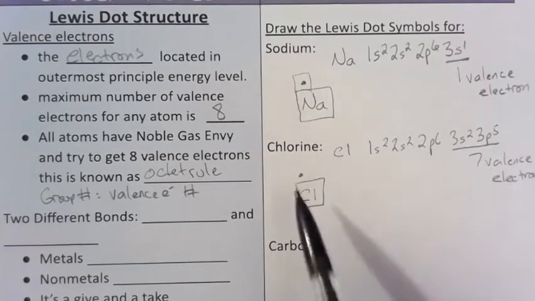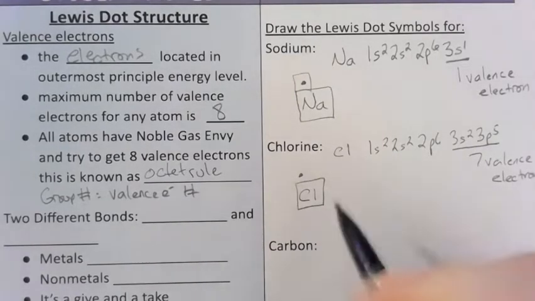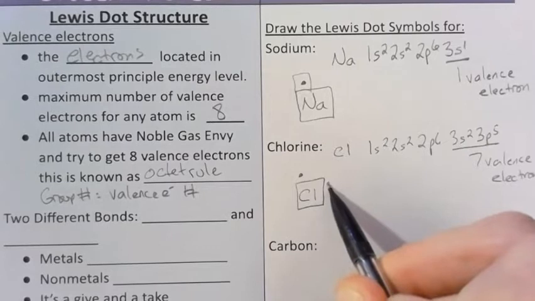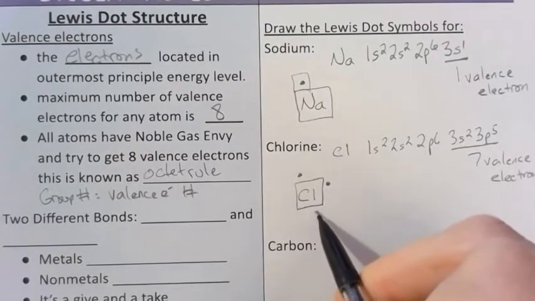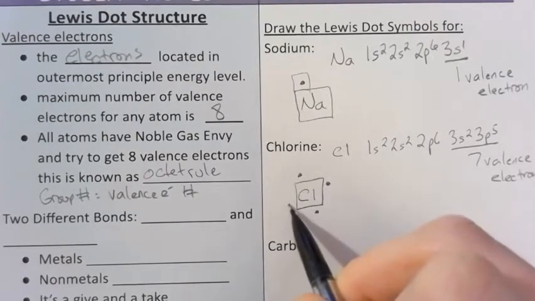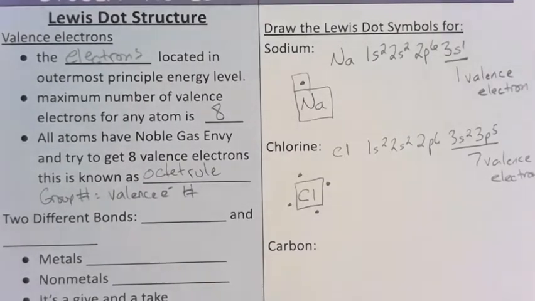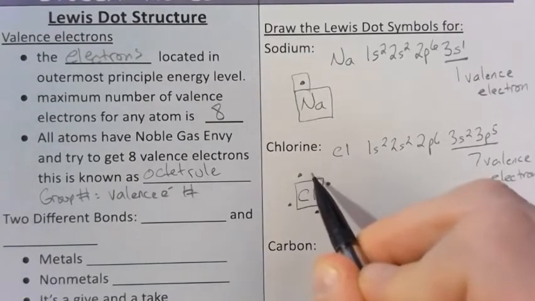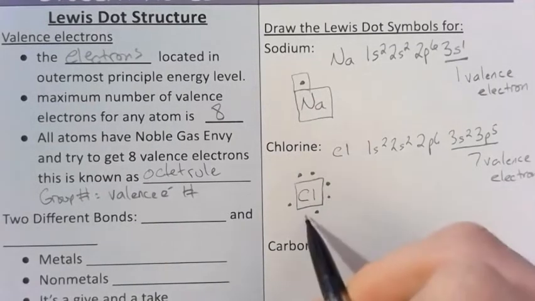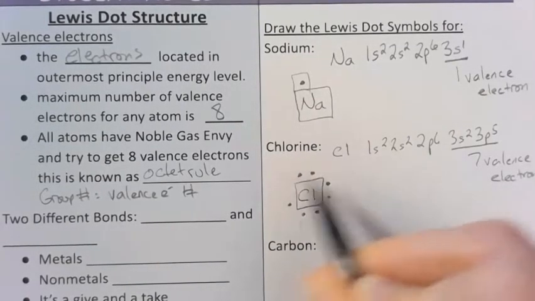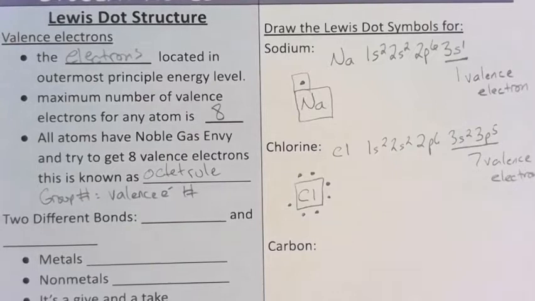So as we add these 7 electrons in surrounding chlorine, we're going to put the second one on one side of the box, the third one on a third side, the fourth one on that fourth side, and we still have to add in the 3 remaining valence electrons. So that's when we go back in and put in one there, and then one there. So we've got 7 electrons surrounding chlorine.